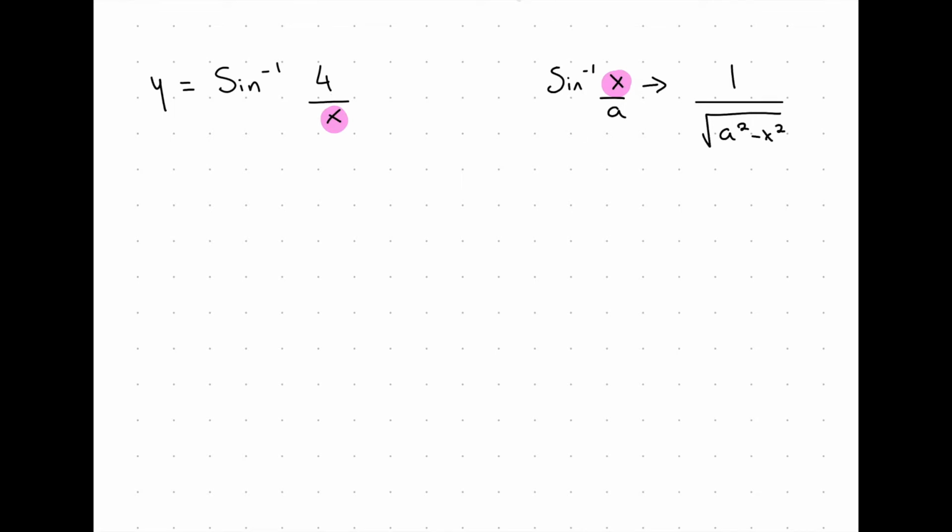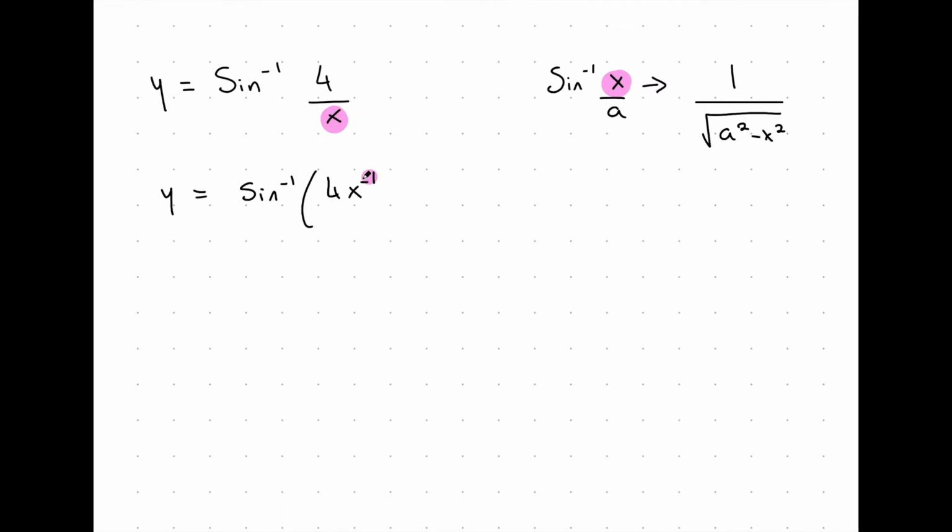So I need to pull out my indice rules and reverse that 4 all over x into being 4x to the power of minus 1, taking it out of being a denominator and using index notation instead. So again, I can write that as sine inverse of 4x to the power of minus 1.